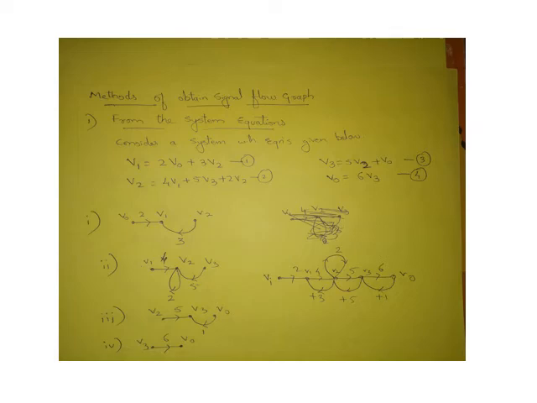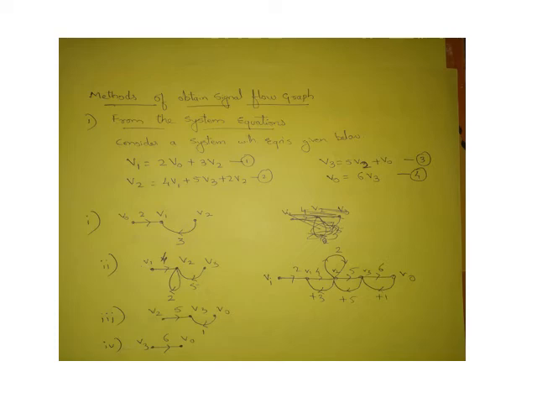There is one more signal which is coming from V2. So V1 is this, and I'll draw one more node here, which is V2, and it is sending a signal to V1 at a gain of 3.